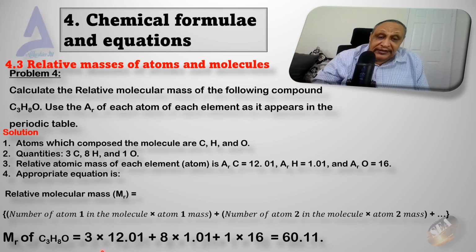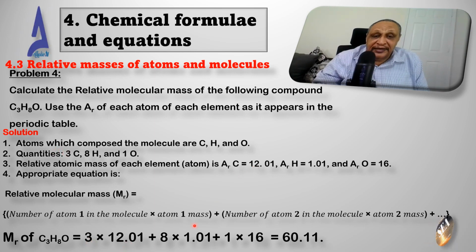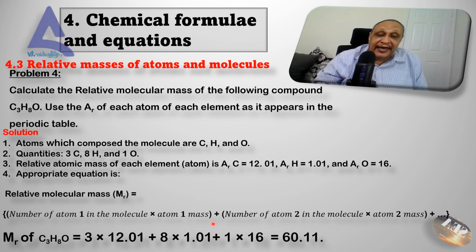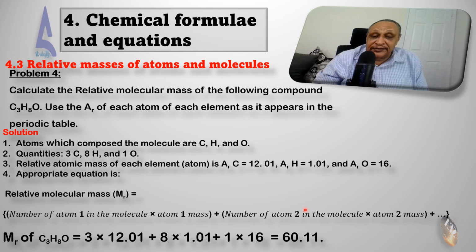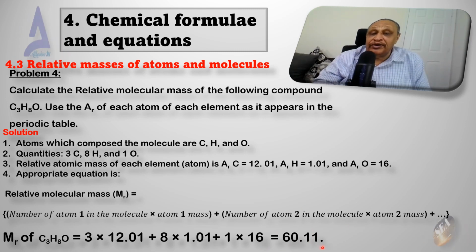Here we do the same calculation: 3 multiplied by the mass of carbon, 8 multiplied by the mass of hydrogen, and 1 multiplied by the mass of oxygen. When I add the three multiplications together, the result is going to be 60.11.